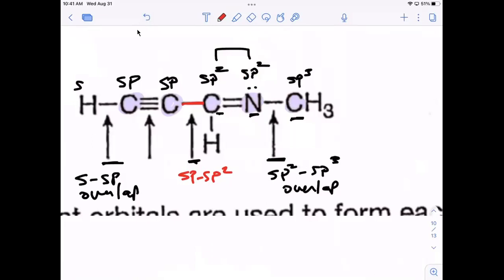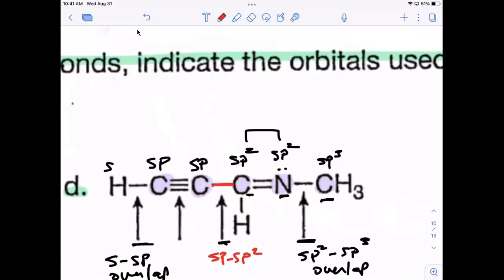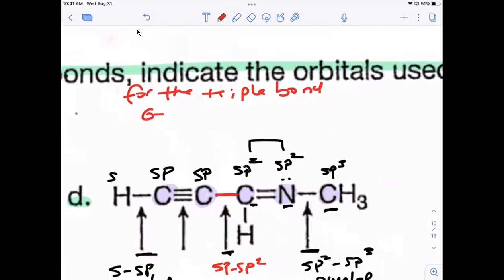So for the sigma bond in that triple bond, what's overlapping? Remember, sigma bonds come from hybrid overlap. So what's overlapping in that triple bond to make the sigma bond? sp, sp overlap. Good.